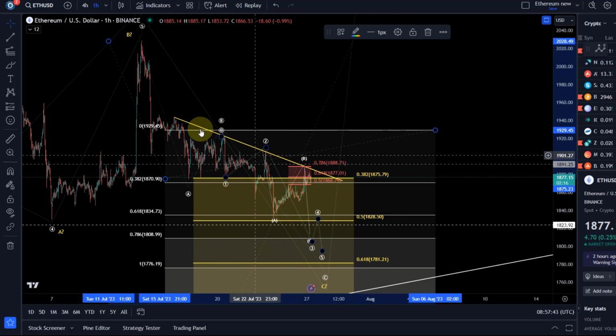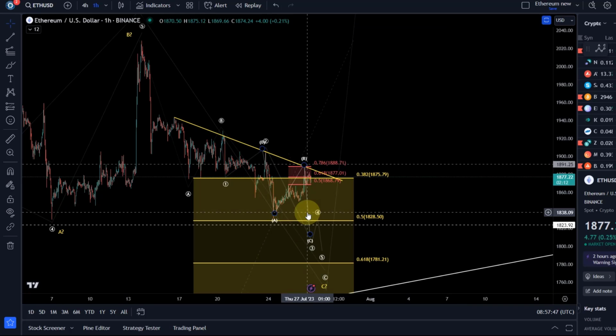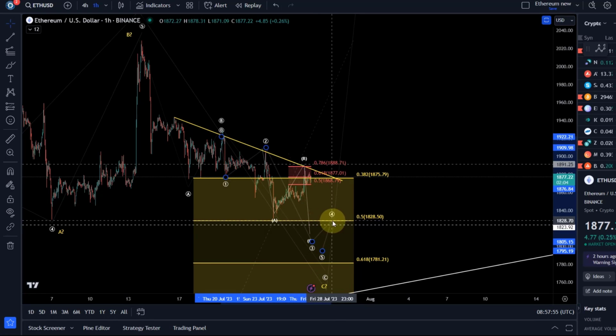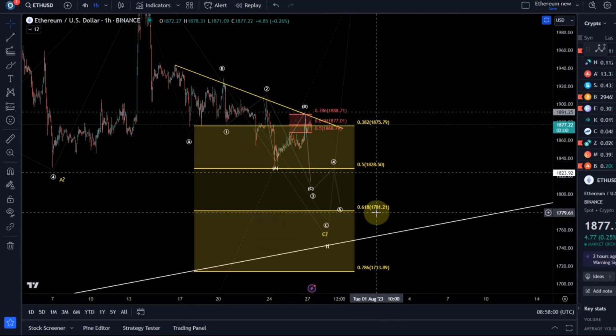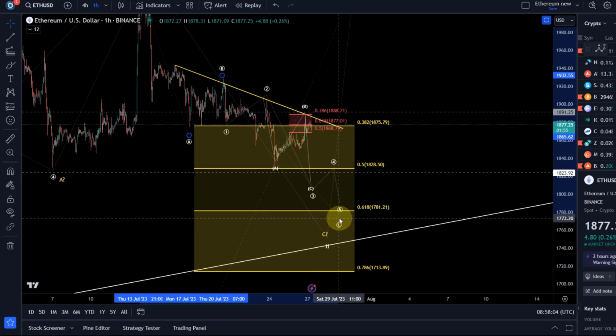Nevertheless, the 1-to-1 ratio is also a common one, and I do not primarily assume that around 1830 the entire correction is over. It is certainly the next target I would watch, but the price action suggests that there should be still one more lower high and one more lower low, getting closer to around 1780. Ethereum generally likes to see the golden ratio.